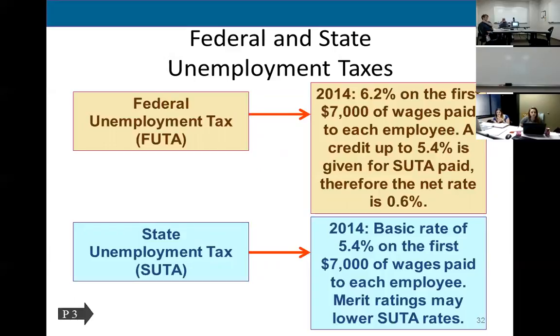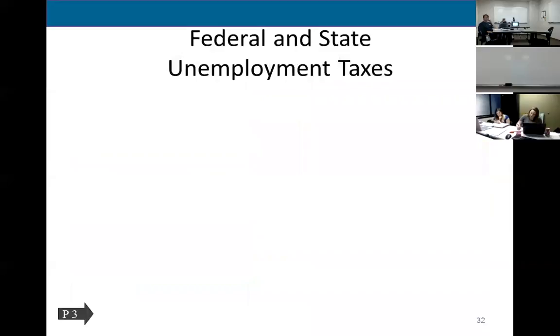You'll often see this acronym FUTA, F-U-T-A, and SUTA, State Unemployment Tax.